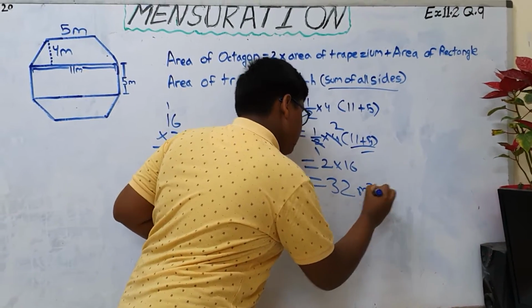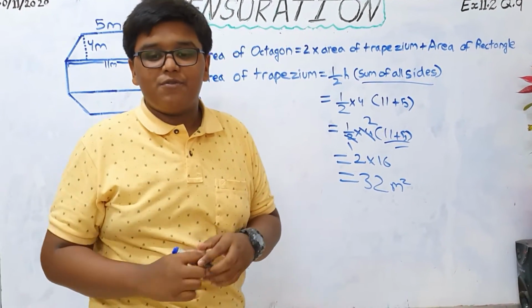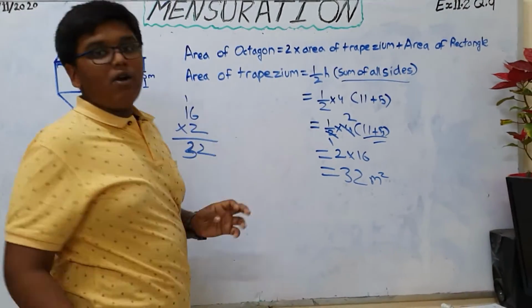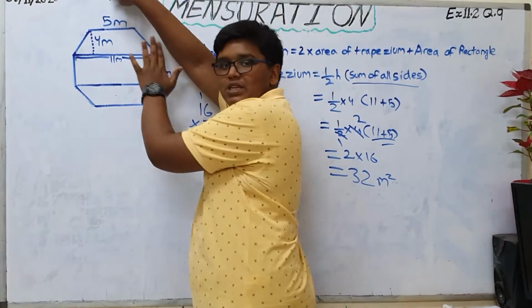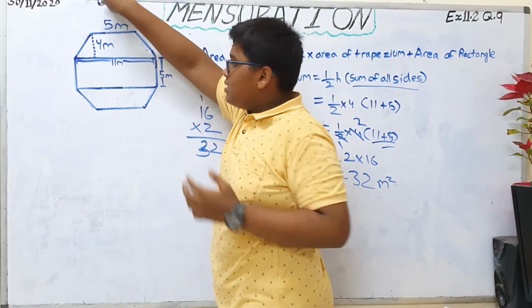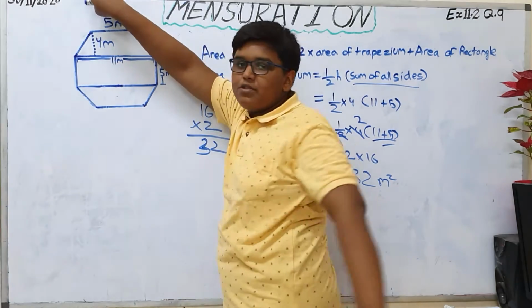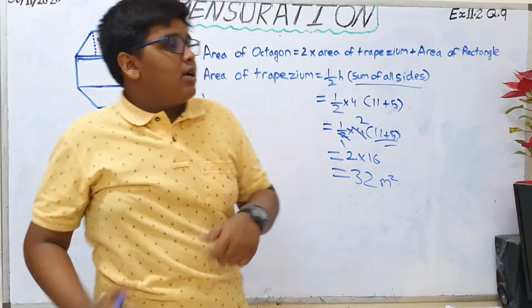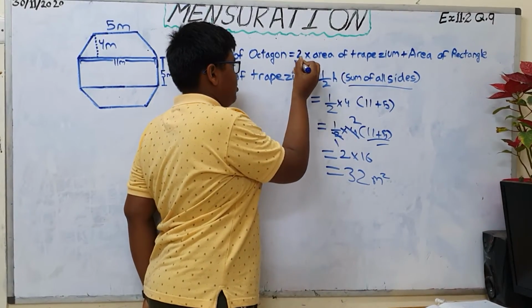Meter square. No, we didn't find the whole answer. We have found only the area of one trapezium. We have found the area of only this trapezium, the upper trapezium, but we have to find the area of this trapezium also. So what we are going to do, as I said at the beginning, is multiply them by 2.